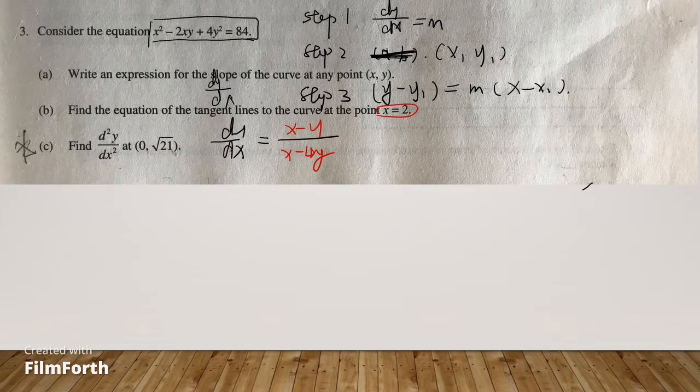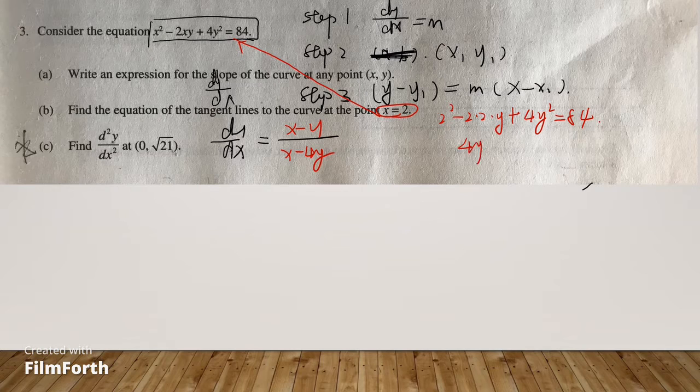Here we only have x equals 2, so we need to solve for y. So plug x equals 2 into the function given by the question. So 2 squared minus 2 times 2 times y plus 4y squared equals 84.